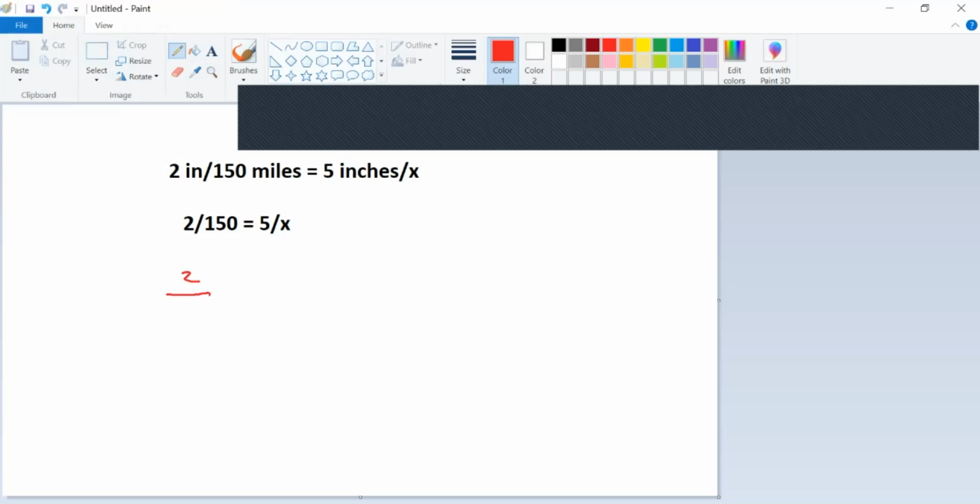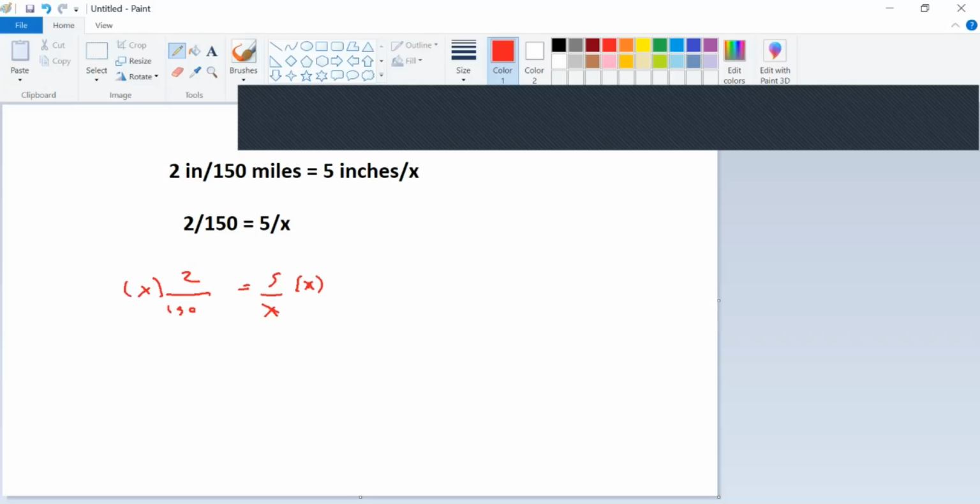So it's 2 over 150 is equal to 5 over x. I want to solve for x. I want x to be on the top. How do I get x on the top? I have to have it by itself on one side. So I can multiply both sides by x, right? Times an x over here, right?